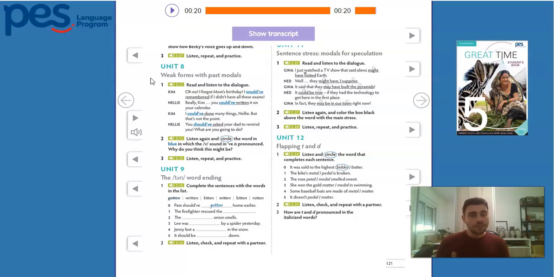Because in the third conditional and also in the mixed conditional, we have that part where we need to connect the modal verb would, could, or should, for example, with the auxiliary verb have, so that we can construct sentences like, I could have done something if she had told me what to do, or I should have gone to the dentist if I knew it was going to be so painful, for example.